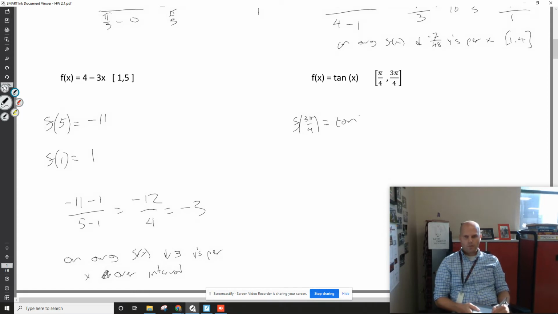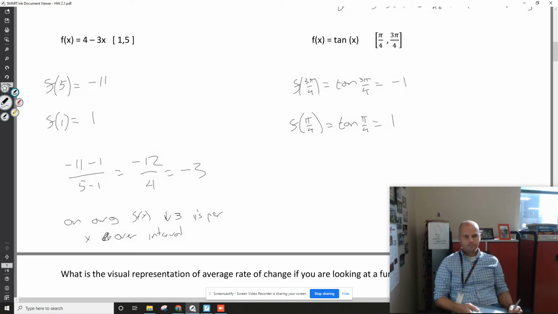Tangent of 3 pi over 4 is -1. Tangent of pi over 4 is 1. So I went down 2 from 1 to -1. Down 2. Over the course of, I can think about pi over 4 to 3 pi over 4 being 90 degrees.